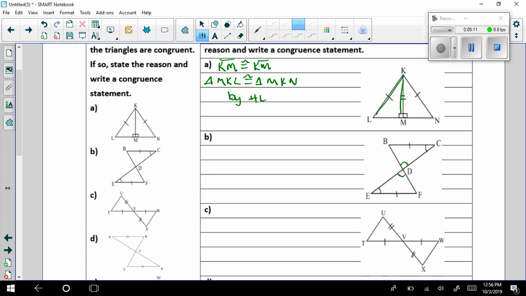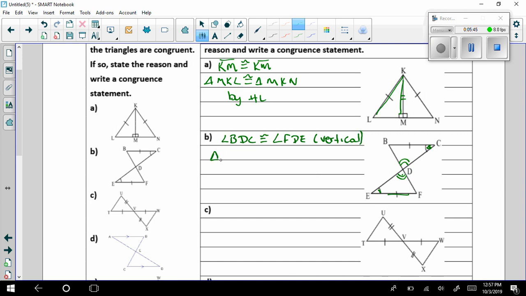All right, so moving into this next one, mark any angles, vertical angles, stuff like that, alternate interior if you knew those lines are parallel, things that you know are congruent, and then determine what you have. So we have, I'm going to mark this with 2. We have an angle, and then a side. So it's the non-included side. And so, again, we know that angle BDC is congruent to angle FDE because they are vertical.